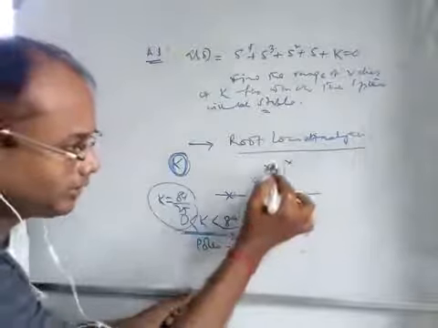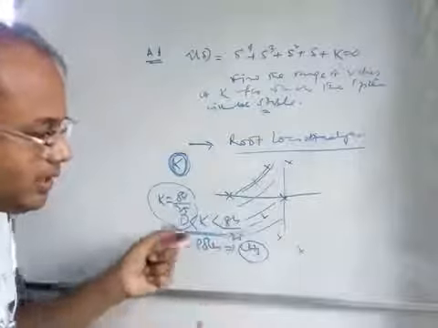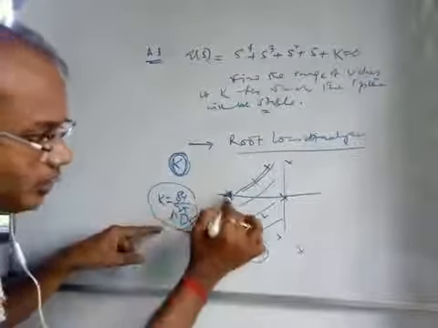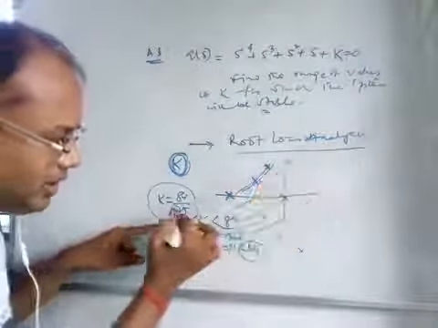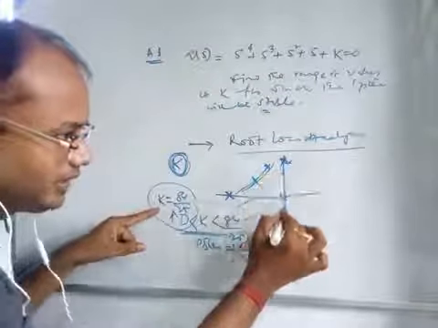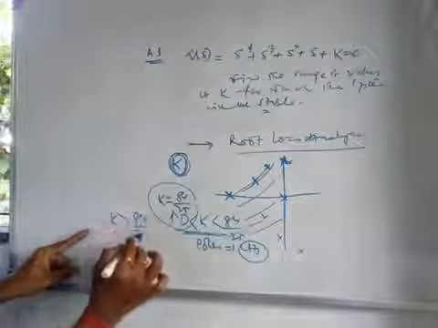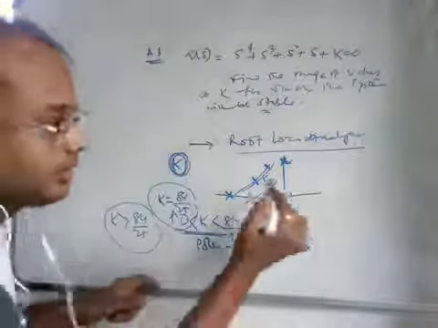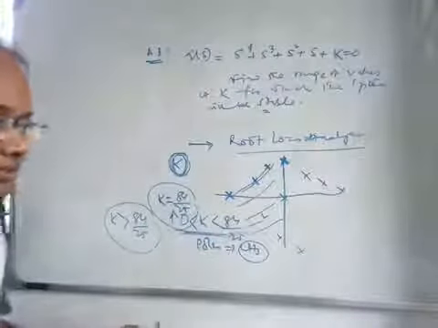Once k reaches 84 by 25, the pole is on the imaginary axis. And if the value of k was greater than 84 by 25, the system was unstable.